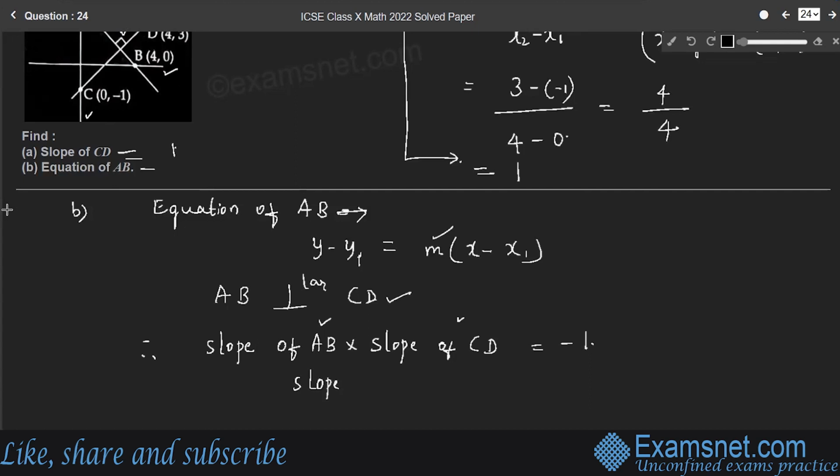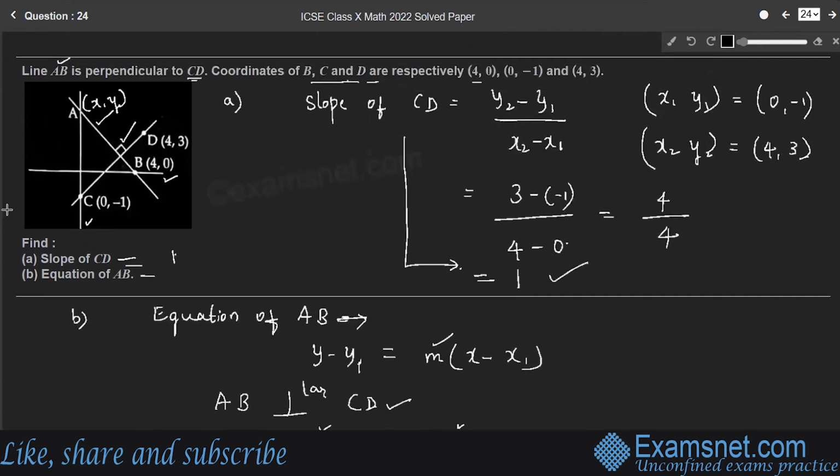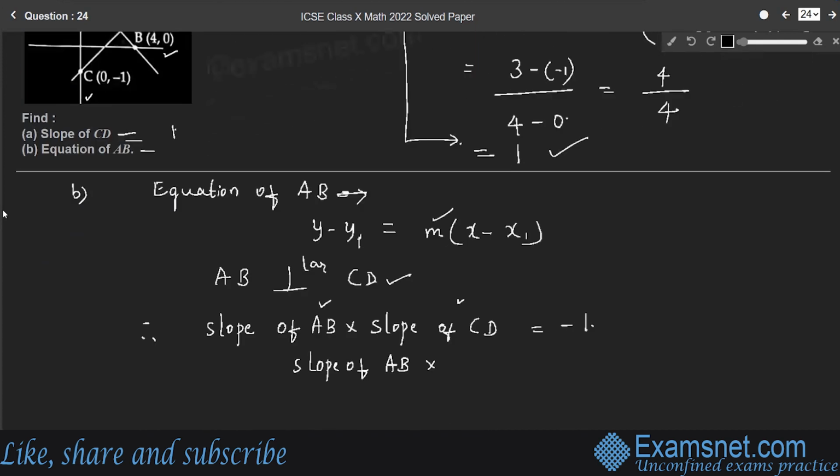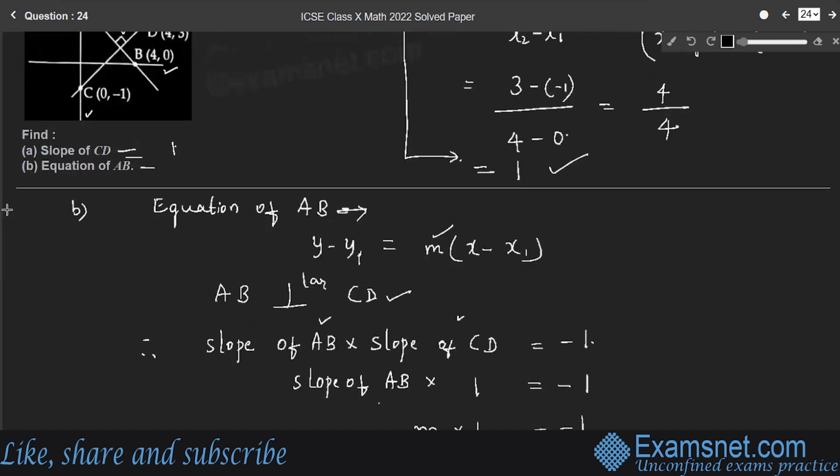Slope of AB into, just now we calculated the slope of CD, which is 1, is equal to -1. So we'll consider the slope of AB as m, m into 1 is equal to -1. m is equal to -1. Here m is the slope of the given line AB.